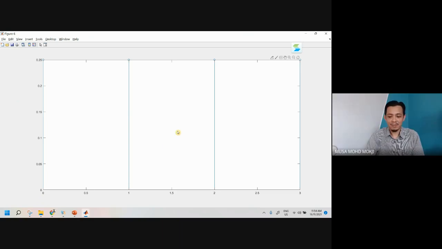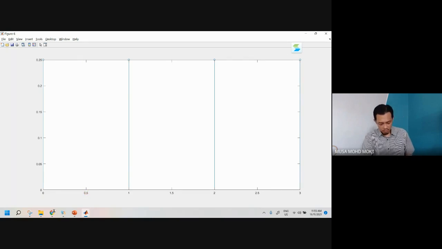Yes, correct, very good. So we shouldn't have 0.5, 1.5. Actually, these don't exist. It's supposed to have only 0, 1, 2, and 3. We shouldn't plot this. If you plot it this way, it seems that at 0.5 the value is 0.